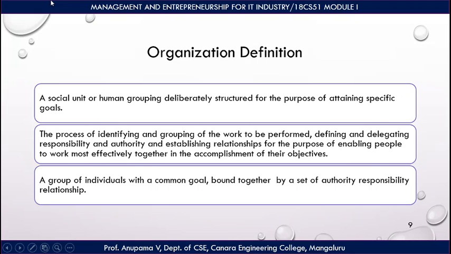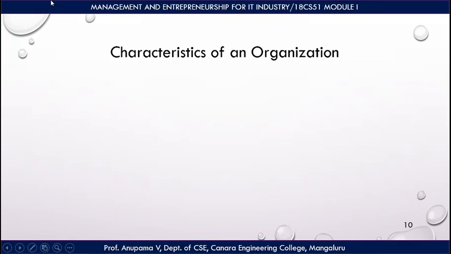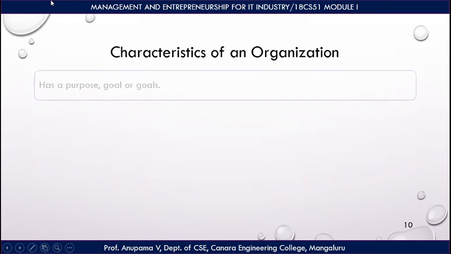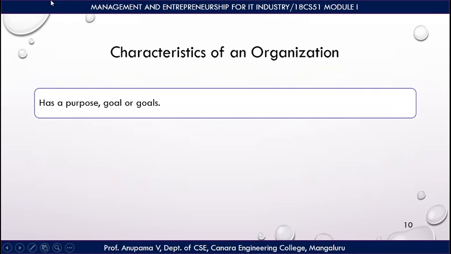Now, let us see the characteristics of organization. Important definitions of organization indicate that every organization has a purpose or goals, which has already been indicated in the previous session, that is in the planning.